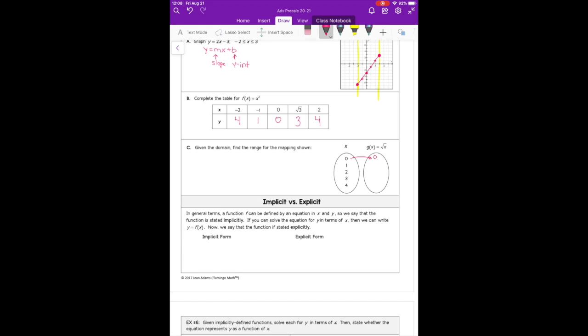Square root of 1 is 1. Square root of 2, yes, that's a decimal if you're using a calculator, but I want the exact answer, therefore I'm going to keep it as square root. Square root of 3 is exactly that, square root of 3. And then square root of 4 is 2.